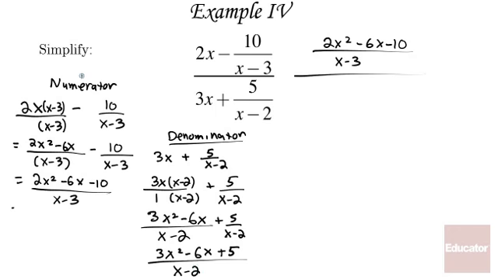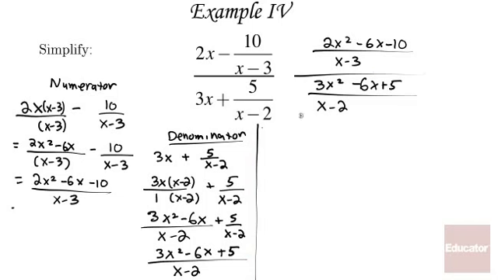So I simplified the mixed expression in the numerator. That's right there. Now I simplified the mixed expression in the denominator to get this rational expression, which is 3x squared minus 6x plus 5 all over x minus 2. The last thing I'm going to do is simplify the complex fraction.